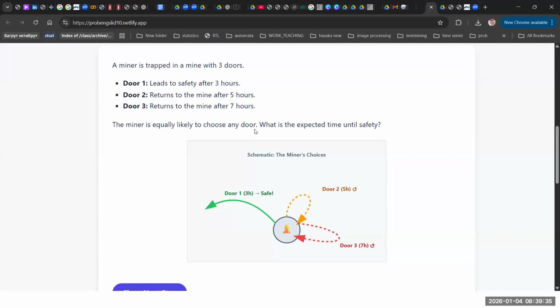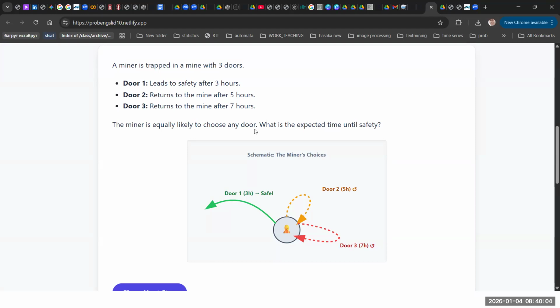Okay, so let us denote by X his traveling time, and our goal is to find the expected value of X. Make sense? As usual, you can say, let us find the expected value of X by definition. It equals the sum over x from 3 to infinity of x times the probability that X equals x.